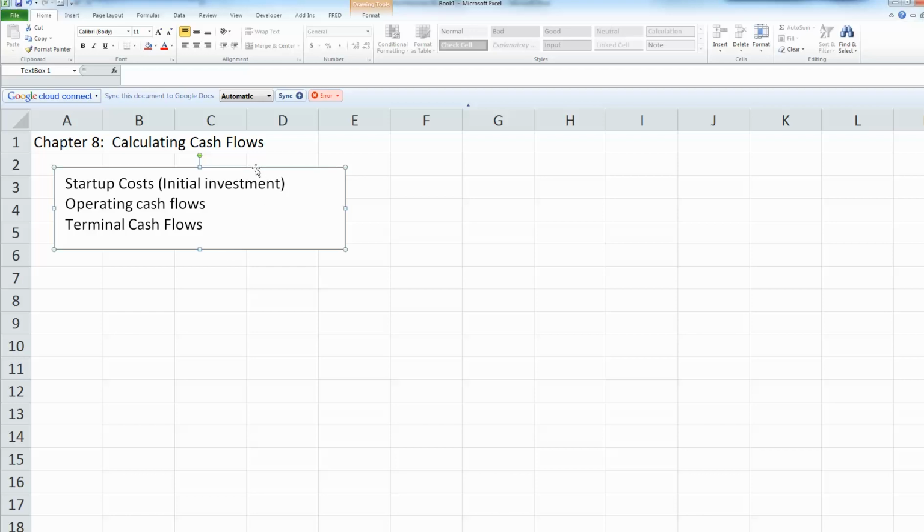But essentially, if you look at the Espresso Stand project, I've broken the given information into three parts: the startup cost, the operations, and terminal value. So when I am inputting values into this spreadsheet, I'm getting all those values from that handout I gave you last Friday, which will also be on the course website.